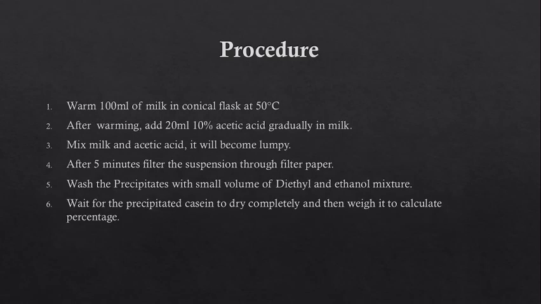In order to remove these substances, you wash the precipitates with the diethyl ether and ethanol mixture. Anything except the casein will dissolve in the mixture and go away, and the remaining one will be only the casein. Then wait for the precipitated casein to dry completely and weigh it to calculate the percentage.